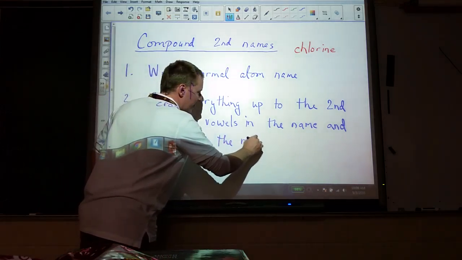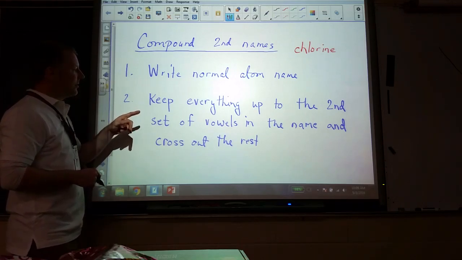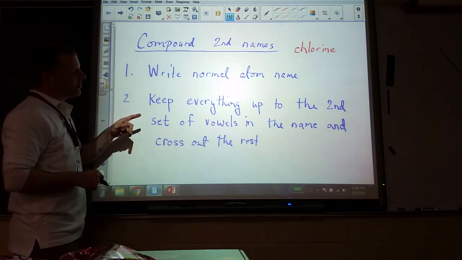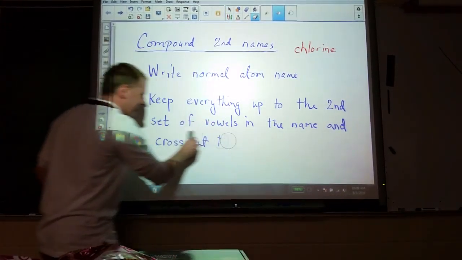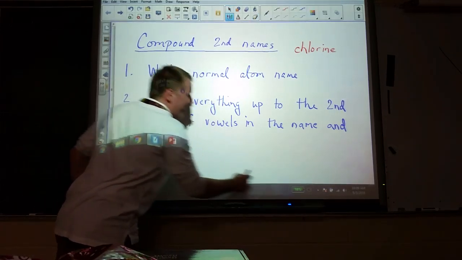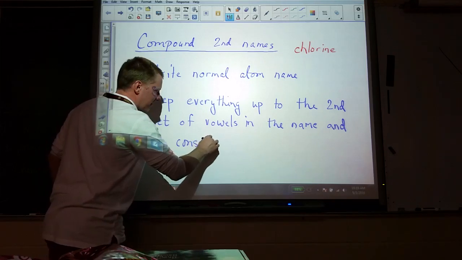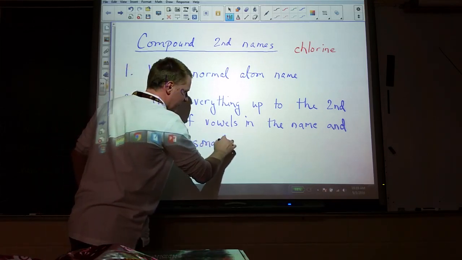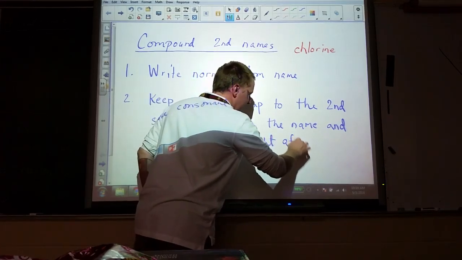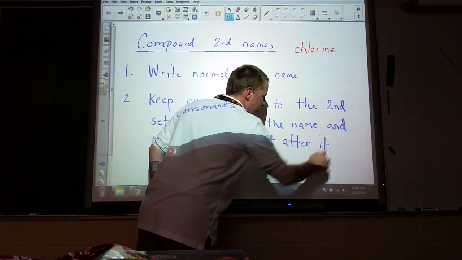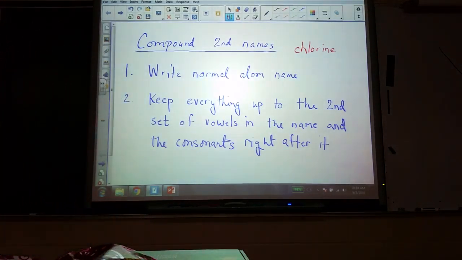This is the tricky part, this step. So in chlorine, we keep up to the second set of vowels, and the consonants right after it. So you're kind of keeping everything up until the second group of vowels.